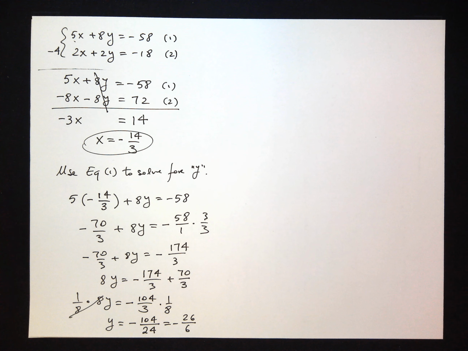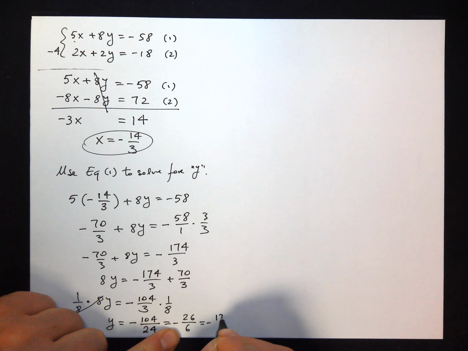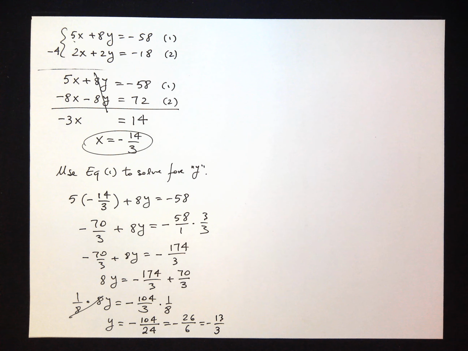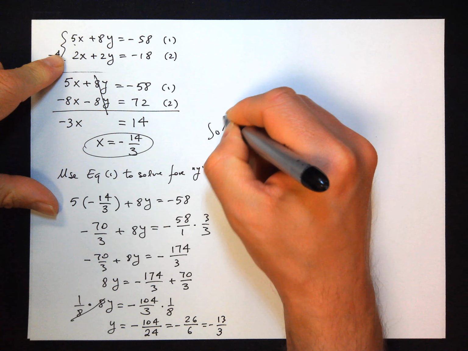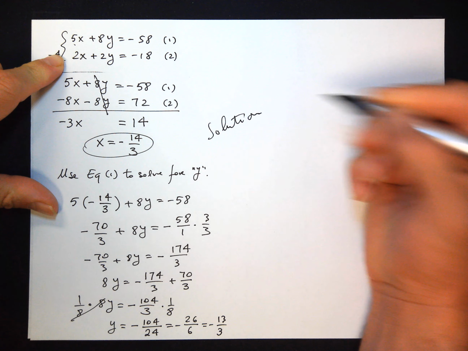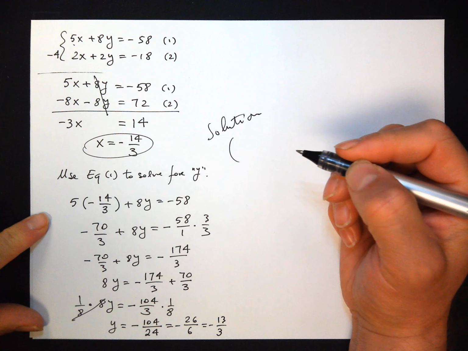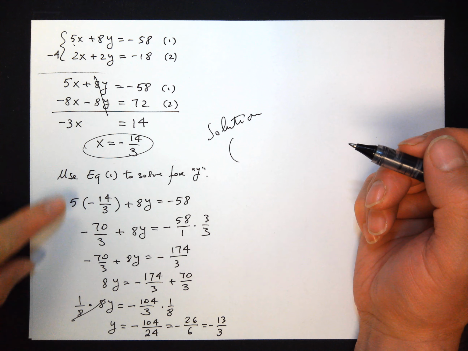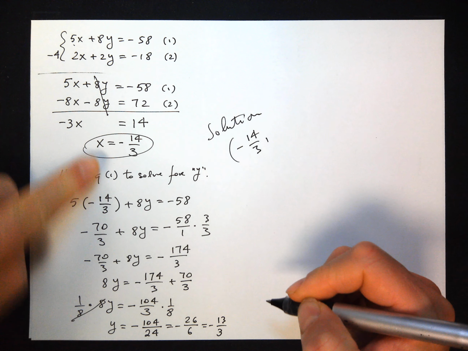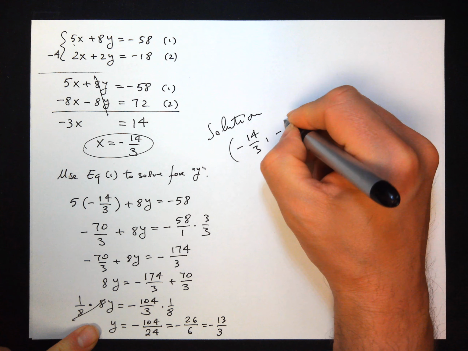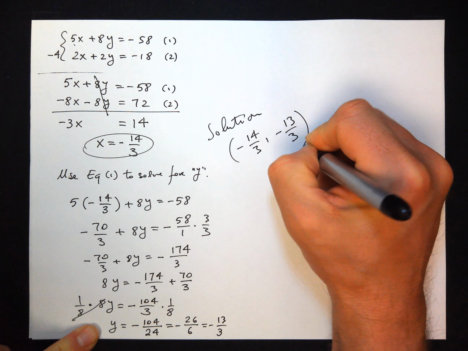We can divide by 2 at this point, so you get negative 13 over 3. So the solution is a point, x and y: x is negative 14 over 3, and y is negative 13 over 3.